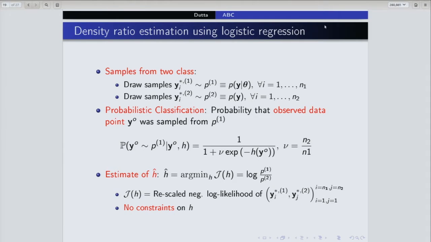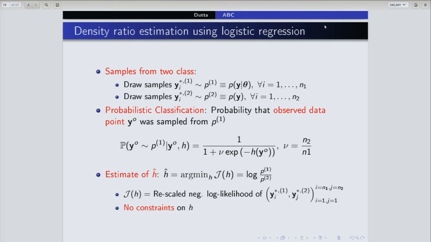Now, we know if you use logistic regression, then the probability of y0 coming from the first class, or this first distribution, is this equation, where h is unconstrained. What is this h?